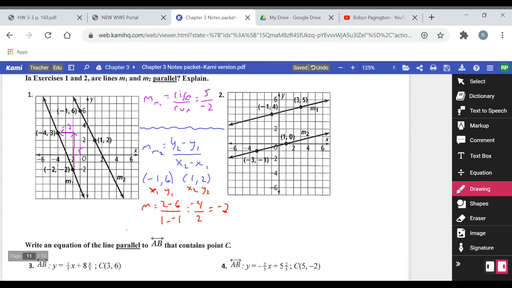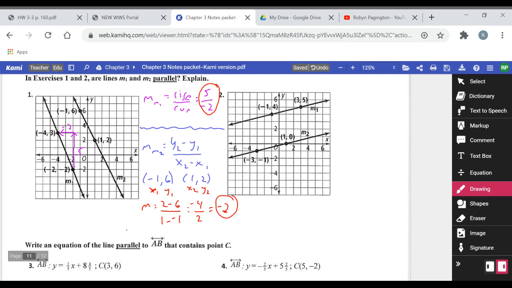Okay, so in this particular case, I need to look at my two slopes. Here's the slope I got, and here's the slope I got. And I need to now answer the question, are lines M1 and M2 parallel? So again, I have to think parallel lines have the same slope. These two slopes are not the same. So that's what I need to respond.